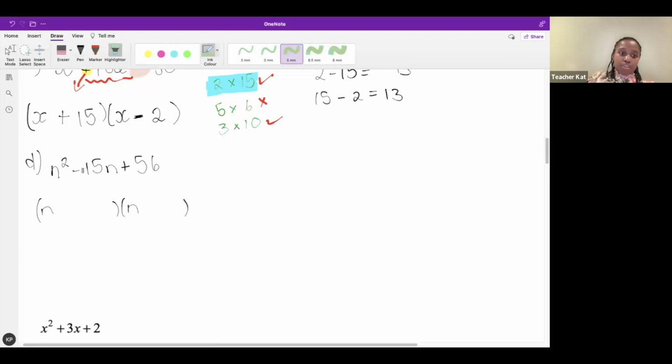Now, first sign is a negative. So what is my first sign for my first bracket? No, you're jumping the gun. We're still asking for the first bracket. Here, what do we have? A negative. Wonderful. Now I'm asking, so if I have a negative, do I keep or do I change my second one?